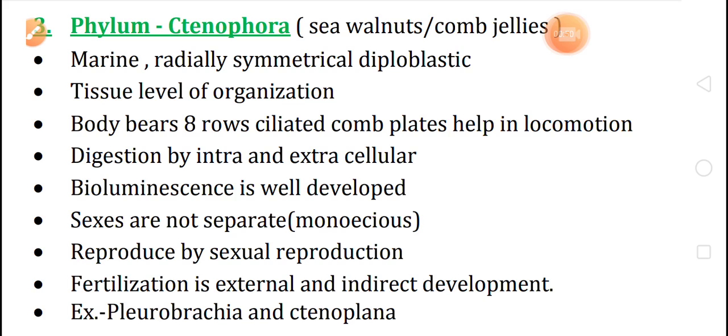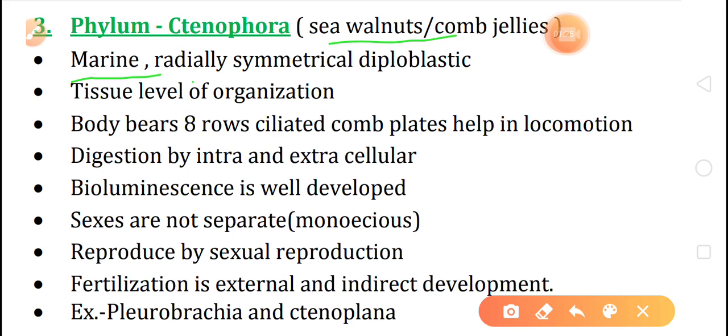Phylum Ctenophora is the smallest phylum. An example is the sea walnut. The organisms found in this phylum are marine, that is, aquatic; they are found in salty water.